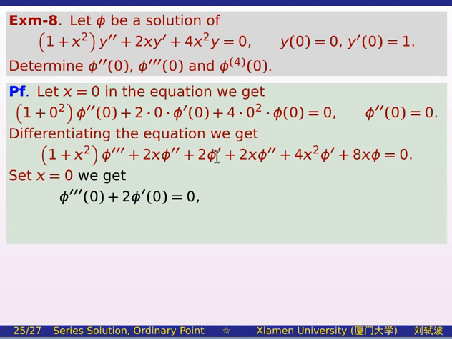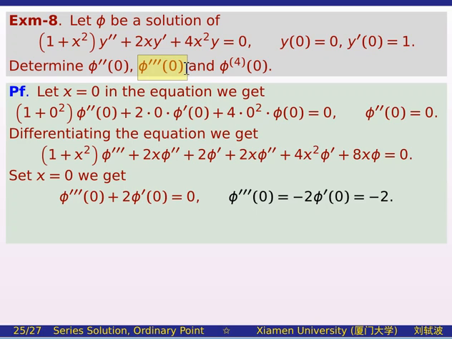So we have phi triple prime 0 plus 2 phi prime 0 is 0. And because phi is the solution of this initial value problem, phi prime 0 is 1. So we conclude that phi triple prime 0 is minus 2 phi prime 0, that is minus 2.